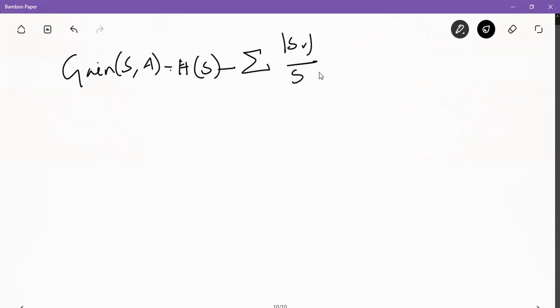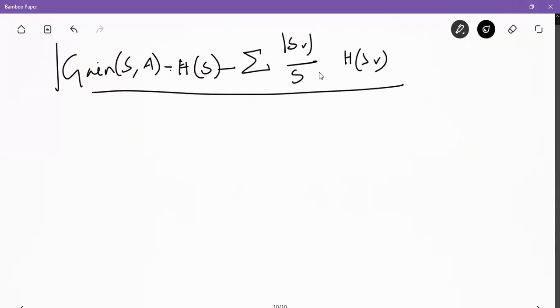The formula for information gain will be Gain(S, A) equals H(S) minus the sum of the subset of the samples divided by the total samples. So this is not a complicated formula, but this formula is important to remember.